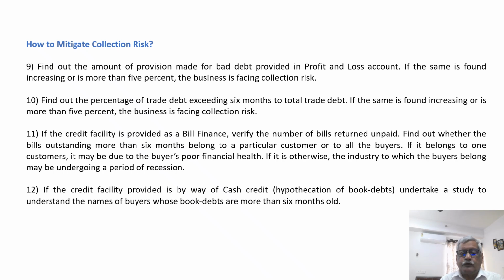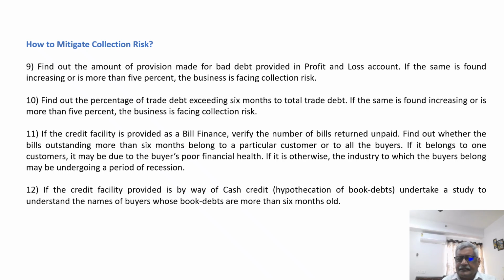Find out the amount of provision made for bad debt provided in the profit and loss account. If the same is found increasing or is more than 5%, the business is facing collection risk. Find out the percentage of trade debt exceeding 6 months to total trade debt. If the same is found increasing or is more than 5%, the business is facing collection risk.